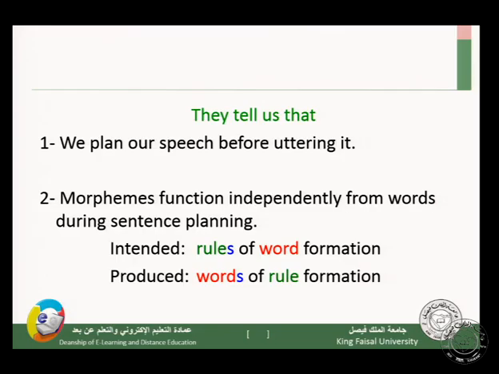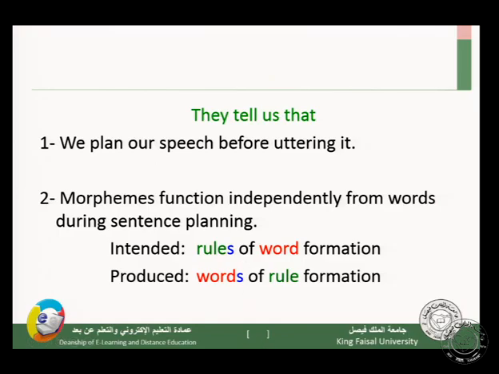In the produced sentence, which we can see, we can read, we can observe, we see that the two morphemes, which are inside the human mind, should be linked together: rule and s, rules. Inside the mind, they should be in one entity, one word, rules. However, in the produced speech, they have appeared in two separate words.